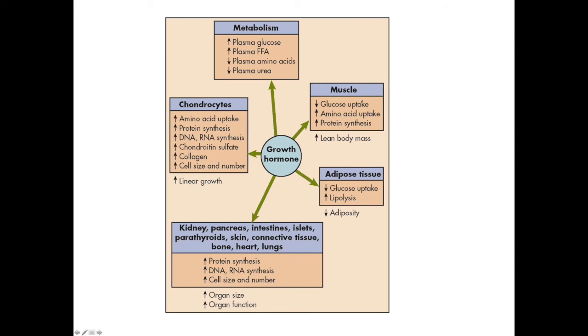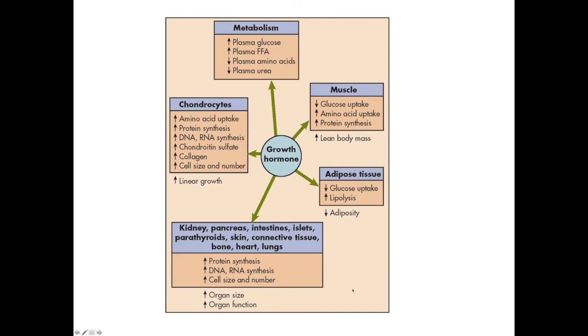On the muscle, it increases amino acid uptake and increases protein synthesis. And through this process, then, you get an increase in lean body mass. At the same time, in the adipose tissue, it decreases glucose uptake and increases lipolysis, decreasing the amount of adipose tissue you have and further contributing to the accumulation of lean body mass.